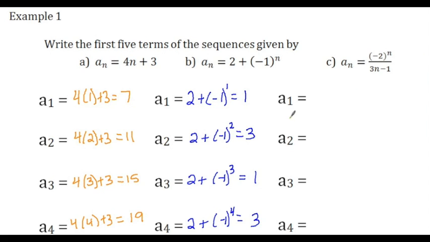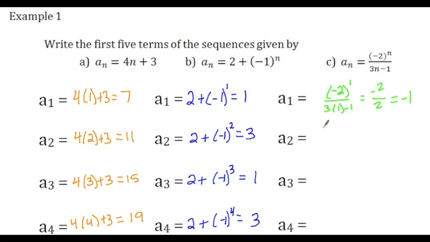Okay. And then we look at part C. A little bit more complicated one. Here's with a fraction, so we plug in, again, starts with 1. Negative 2 to the first power over 3 times 1 minus 1, and negative 2 to the first is just a negative 2. 3 minus 1 is 2, so that just goes to a negative 1.